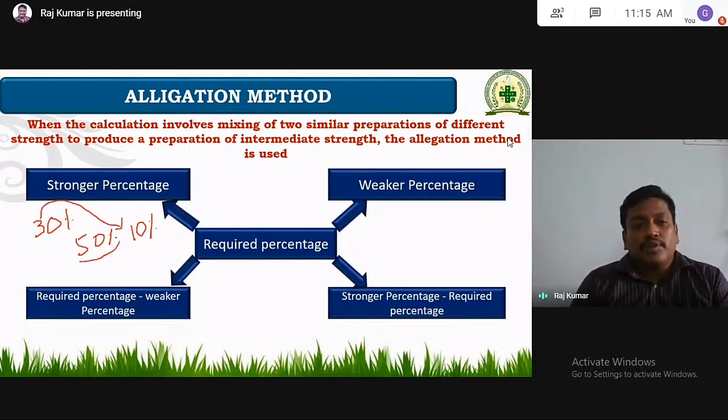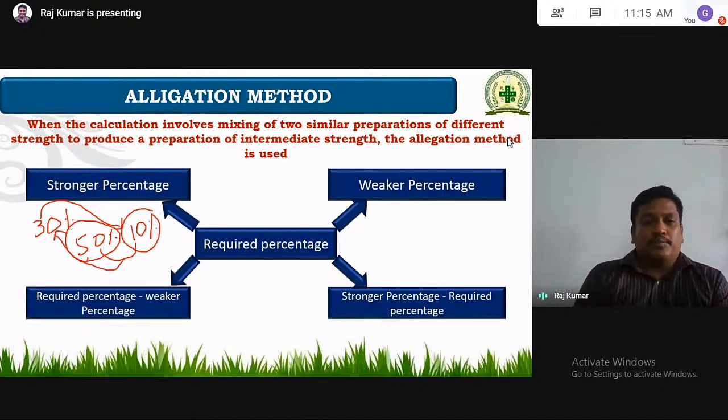Then you can use the 50% concentration alcohol and the 10% concentration both, and mix them to form this 30% concentration of alcohol, which is very important.